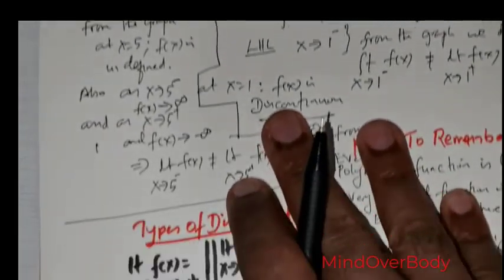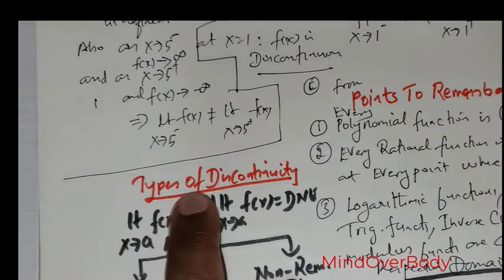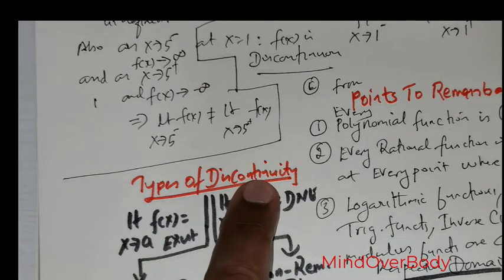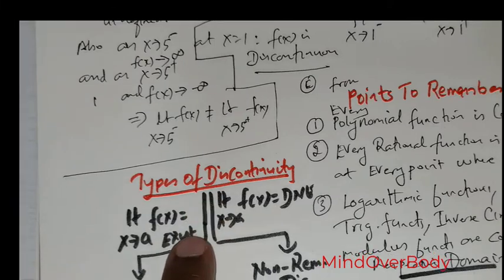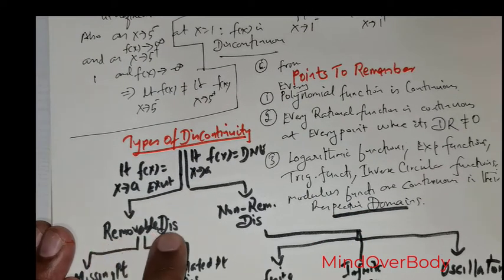So the function is discontinuous, and we have found that the limit of the function as x tends to 3 exists. So that means the control flows from here to removable discontinuity. So f of x has a removable discontinuity.